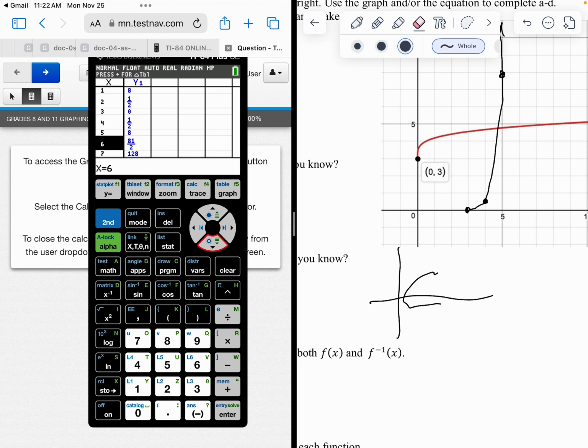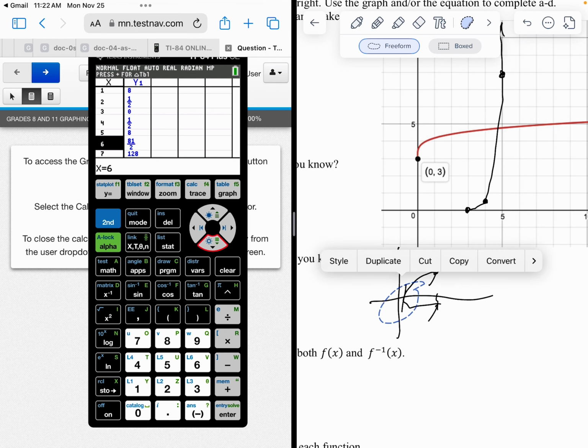If it was like that, now you take your line, and you see that each x has two outputs. That means it's not a function.